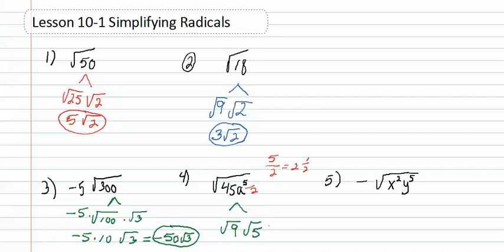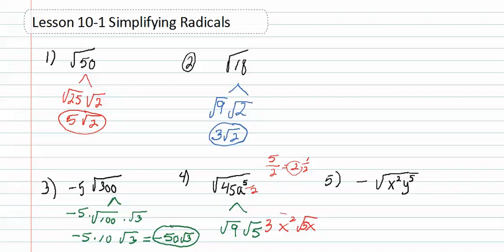If I do this, I get x to the second, because that's the whole number that's here. So that's where that 2 goes. But then there was 1 left over, so it's going to be square root of x. Square root of 9 is 3, and then this radical 5 will go inside the square root there.